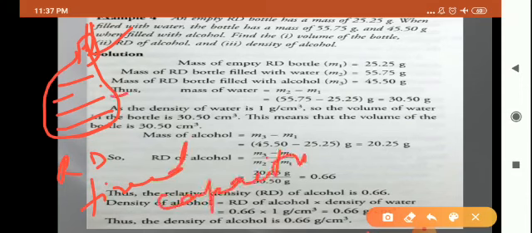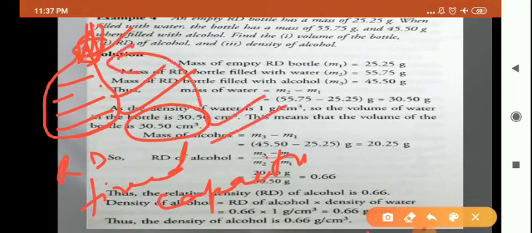So whatever the capacity of the bottle is, the RD bottle will accommodate that much liquid only. So it means the value of the volume of the bottle that is coming is 30.50 cubic centimeter. If the volume of the water is this much, it means only this much amount of water is going to be accommodated in this RD bottle.